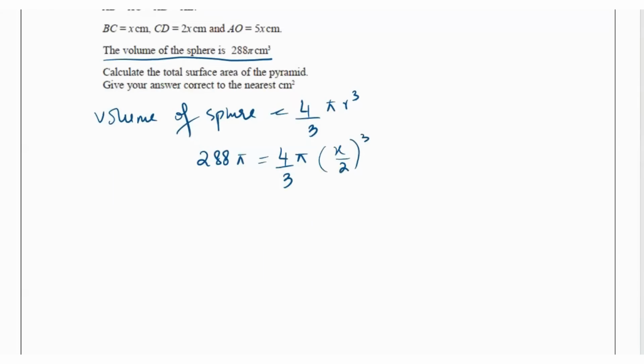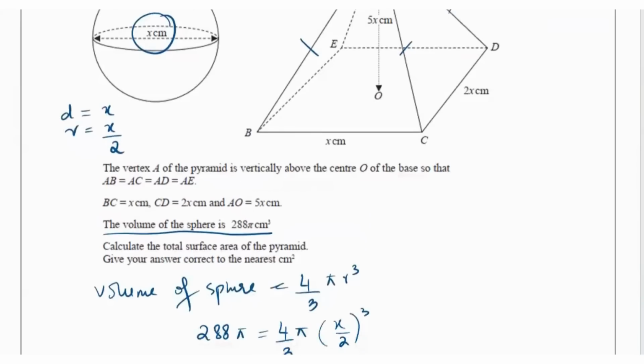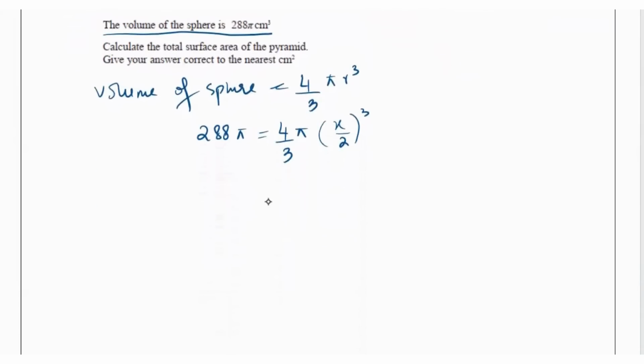Why? Because if we look at the shape, x is the diameter. So if the diameter is x, radius is going to be x over 2. So we know the pi would get cancelled out. So 288 times 3 over 4 equals x cubed over 8.